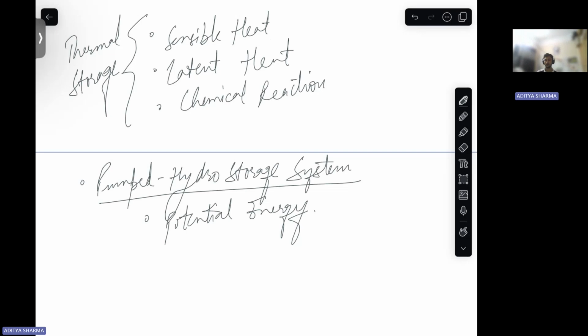And how we do it, one basic idea is to pump your water to some height so that it attains potential energy. This is one basic idea that is used in pumped hydro. Hydro is for water. So water is pumped at some height so that it has some head, and later it can be harnessed. So this is a pumped hydro storage system.